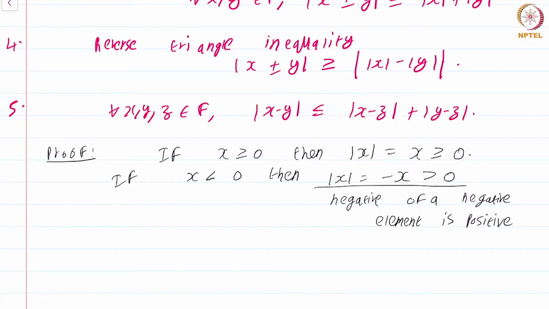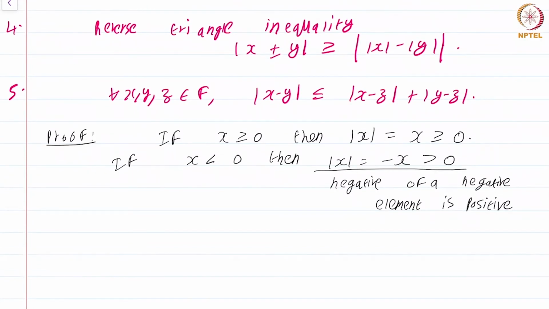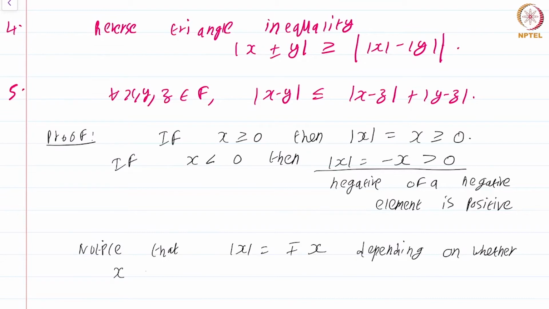Okay. Now, let's try to prove the rest. First, let's make an observation. Notice that mod x is always plus or minus x, depending on whether x is positive or negative.